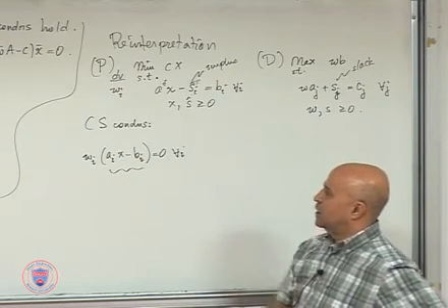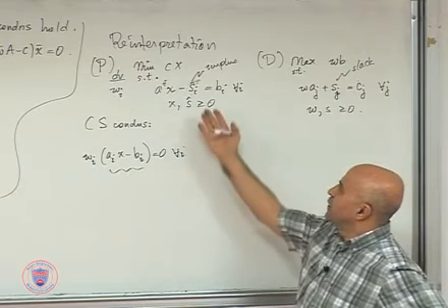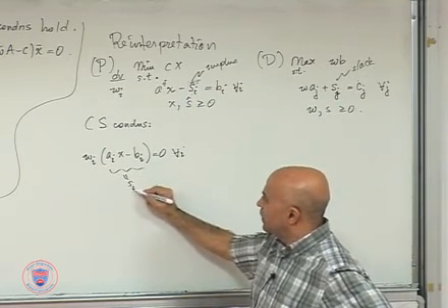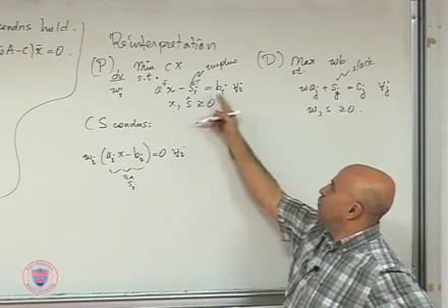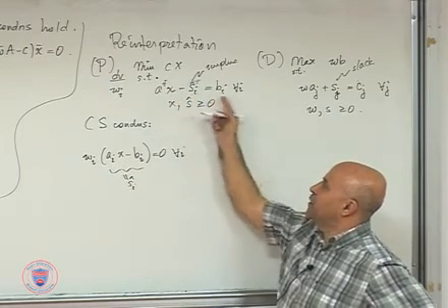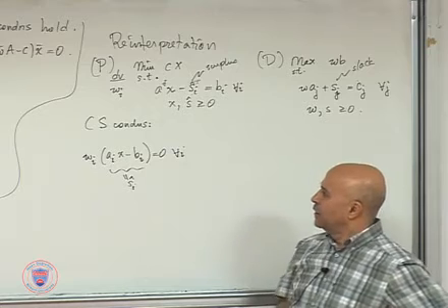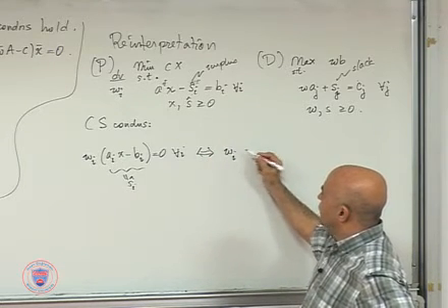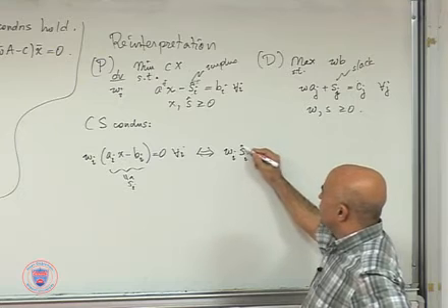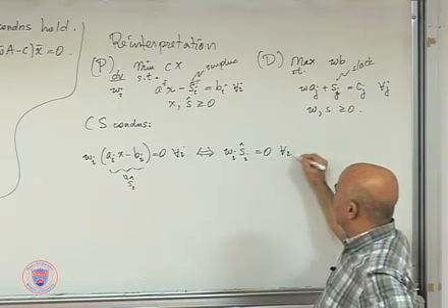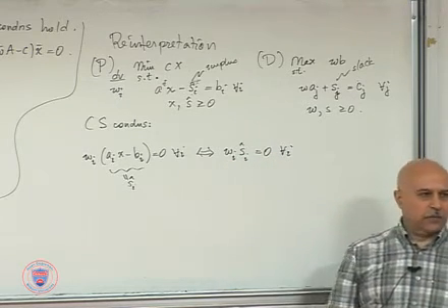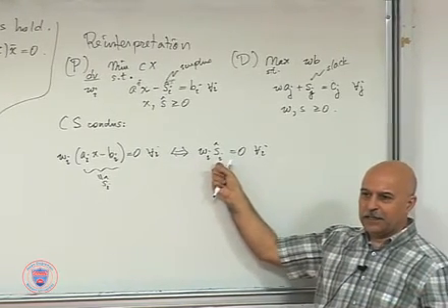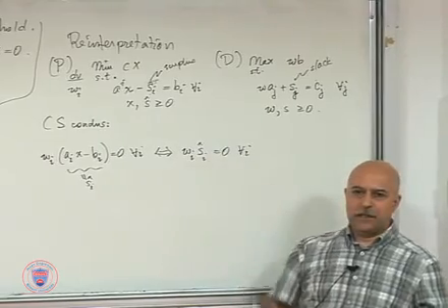But how much is this? It's si cap, right? This is simply si cap. Because si cap, by definition, is equal to aix minus bi. So sometimes in books you will see that complementary slackness conditions are stated in this particular form. The dual variable associated with a constraint times the surplus or slack variable in that constraint, the product is equal to 0. Okay?